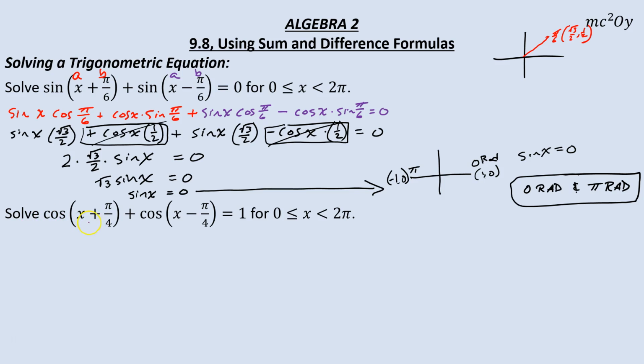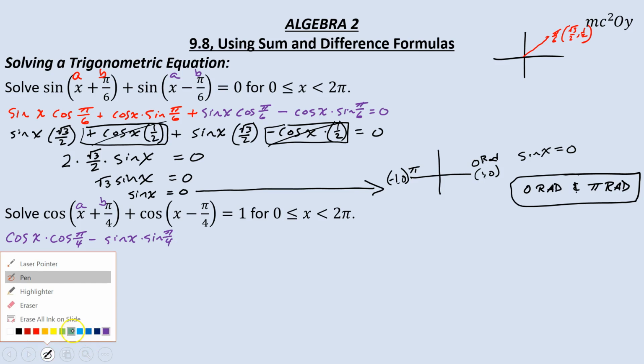All right, so solve cosine of x plus pi over 4 plus cosine of x minus pi over 4 equals 1 between 0 and 2 pi. Okay, so once again, my A and my B, so I have cos of x times cos of pi over 4 minus sine of x times sine of pi over 4.